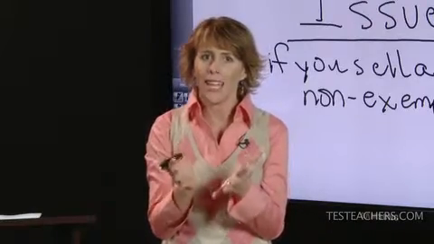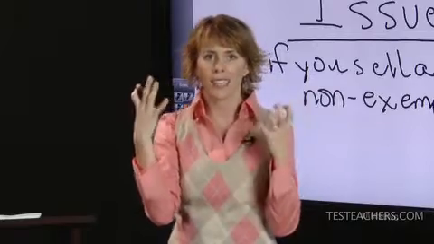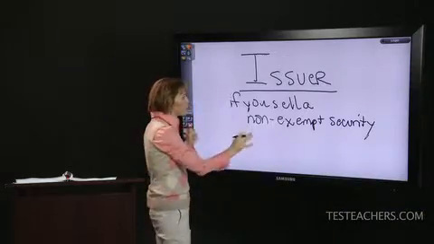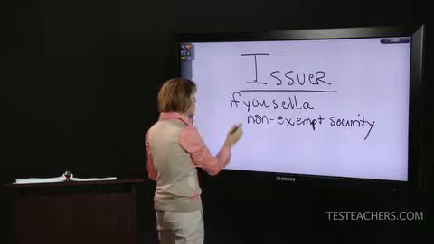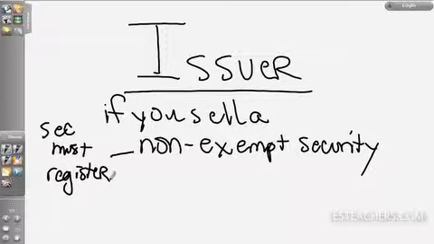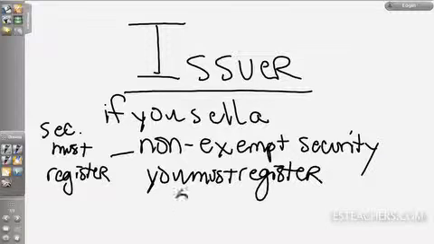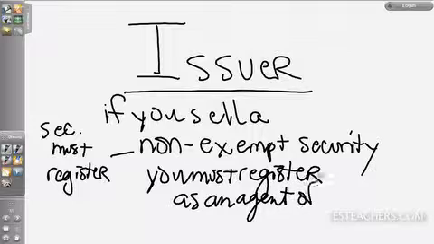It sounds so hokey, I know, but do it. Because the questions are long and they get stuck in your brain, and this will help you. If you sell a non-exempt security, this is one that must register. The security must be registered. Must register. So must you. If you sell for the issuer a non-exempt security, you must register as an agent of the issuer.